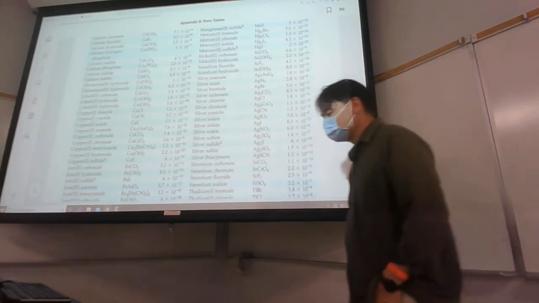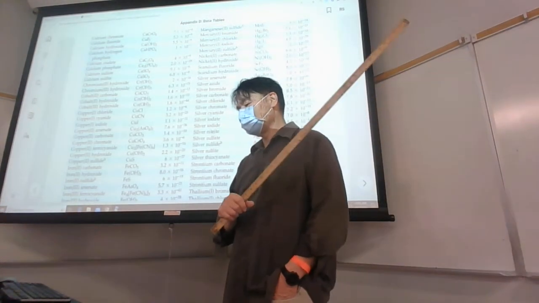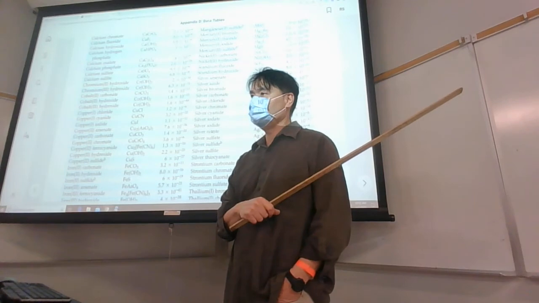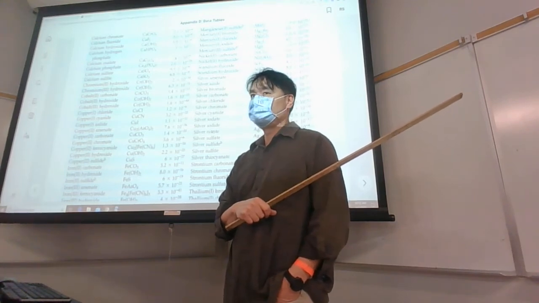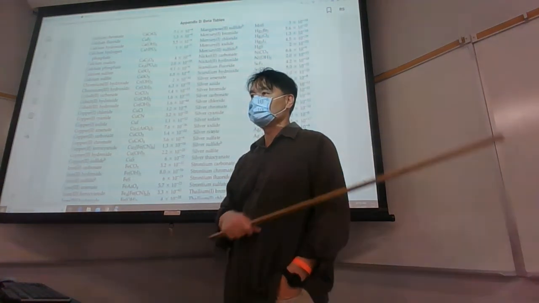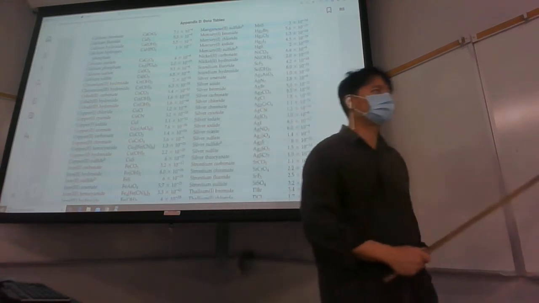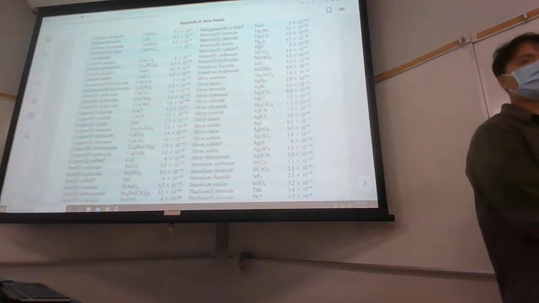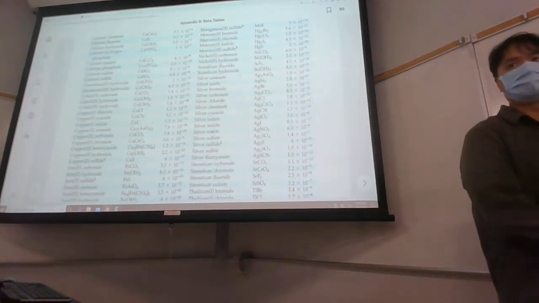Now, one of the things that we do in this particular problem, did we calculate the solubility? No, we didn't calculate the solubility. One of the most common errors in fractional precipitation is people will calculate the solubility of calcium hydroxide and then calculate the solubility of barium hydroxide, but we don't need the solubility.